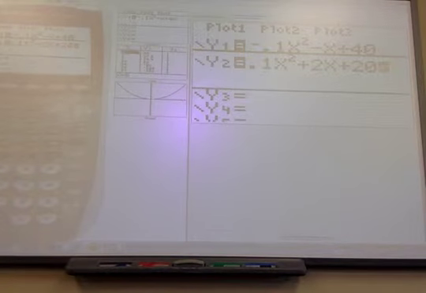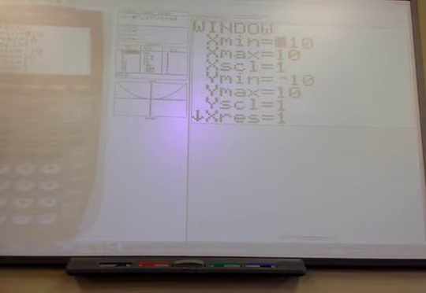My only concern is, so I can see those, I need to set the window so that I can see both graphs pretty well. Well, let's think about it. If they're talking about supplies of tents and price in dollars, I won't have negative tents.